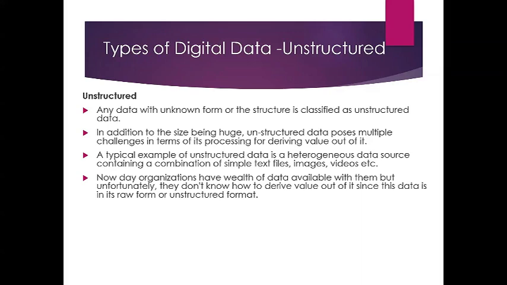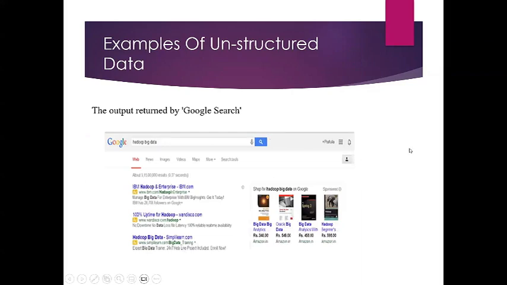To some extent you might be able to structure that data, but when you think about the entire data set, you cannot structure it properly, because there are no proper pointers for the features or the headings, right? Here is the same example I mentioned: the output returned by Google.